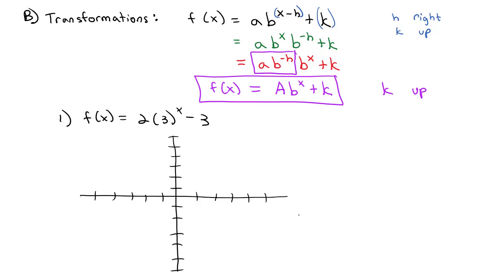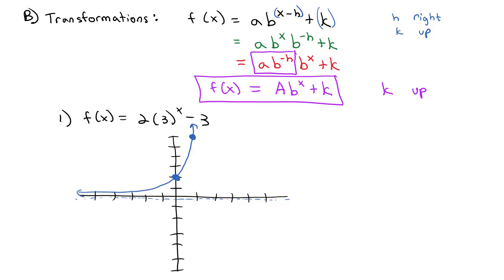Now, we know originally before the minus 3, there would have been an asymptote at 0 where it levels off and never crosses. We would have known it goes through 0, 2 and 1, 6. And so before the minus 3, the graph would have looked like this.